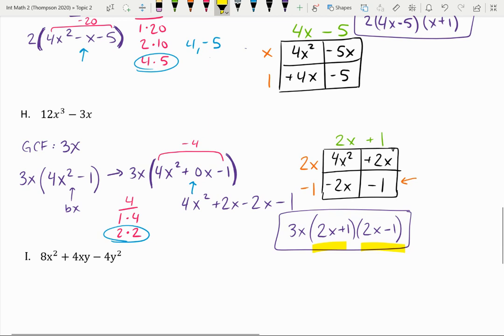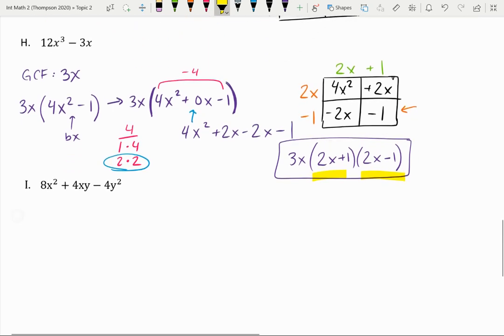And then this last example, I've thrown in another variable in there. So this can throw some people, but the process is the exact same. You just have to watch more variables. First thing first, always, always, always check for the GCF. Is there a number that I can take out of all three terms?